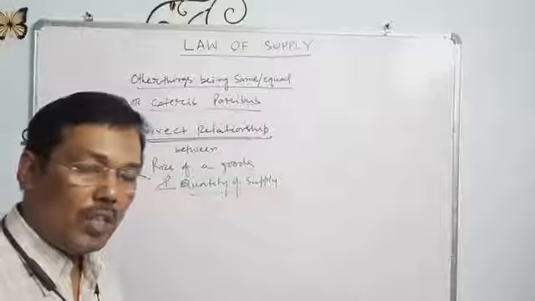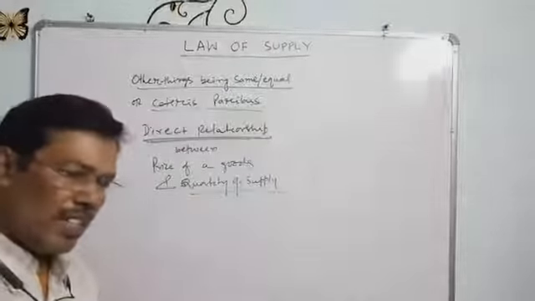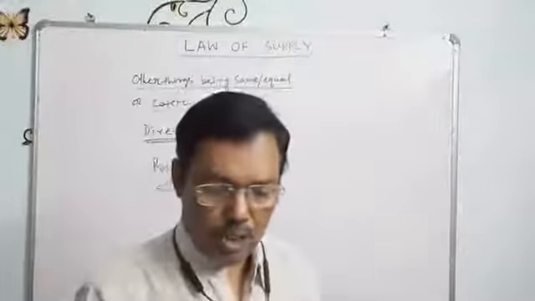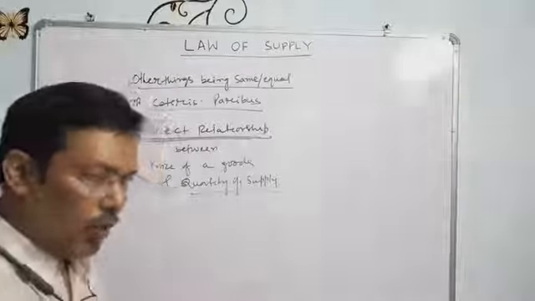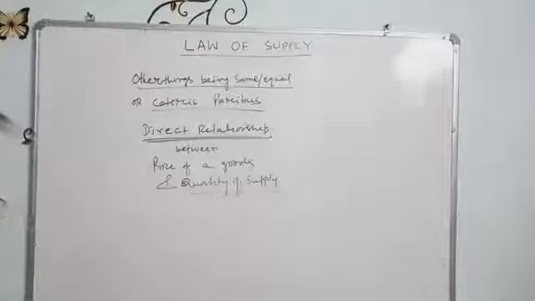That is called the law of supply. The book has written it in different ways, different language. That does not matter. Our basics should be clear. Then you can write in your own words, own language.